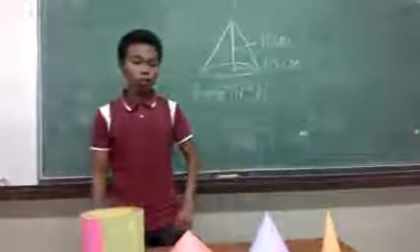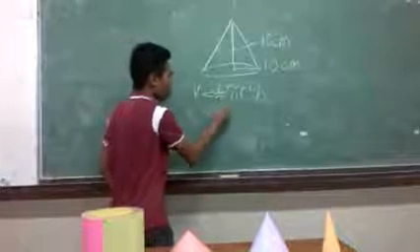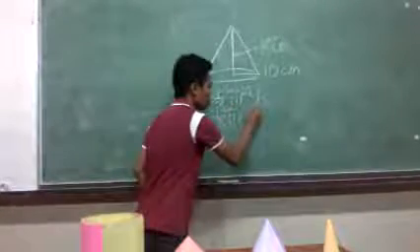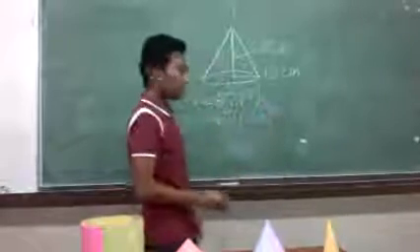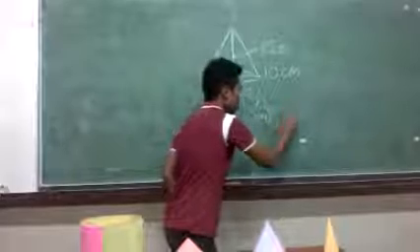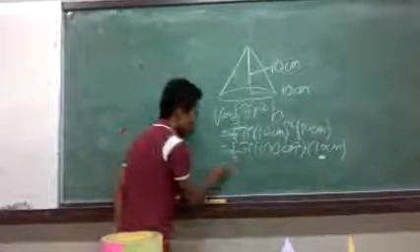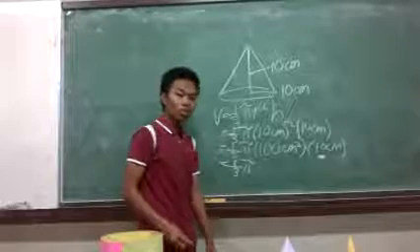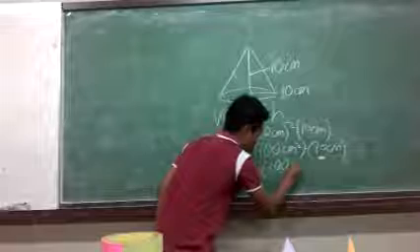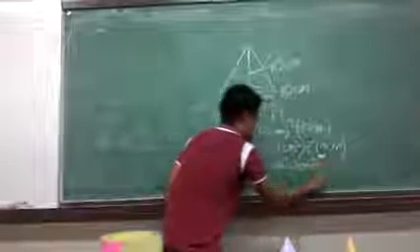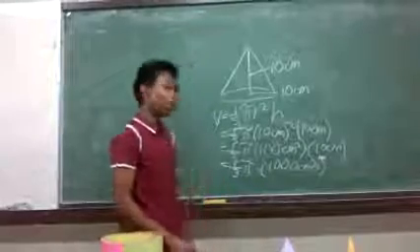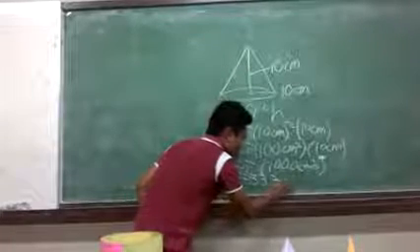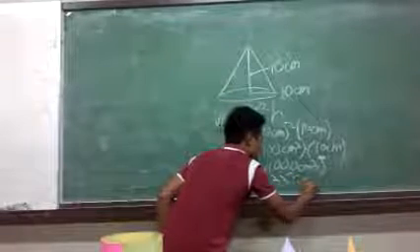Now, let's substitute all the values. 1/3 pi, and the value of radius is 10 centimeters squared times the value of height, also 10 centimeters. 100 centimeters squared times 10 centimeters is equal to 1000 centimeter cube. 1,000 centimeter cube times 1/3 pi is equal to 333.33 pi centimeter cube.